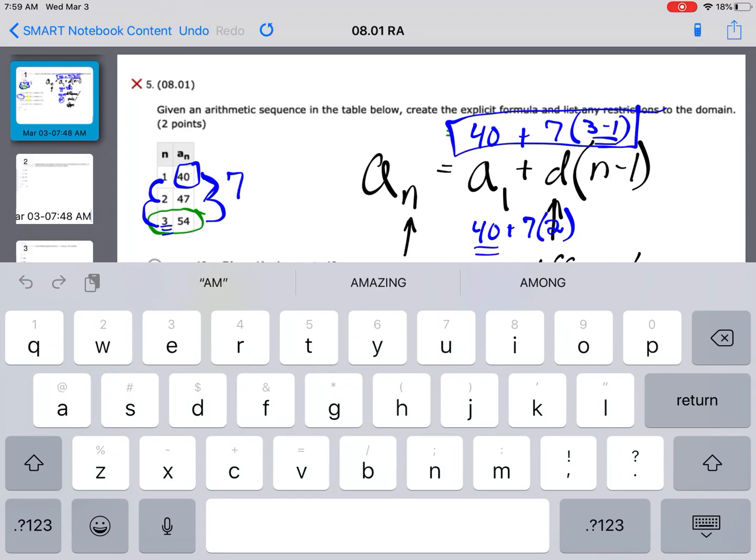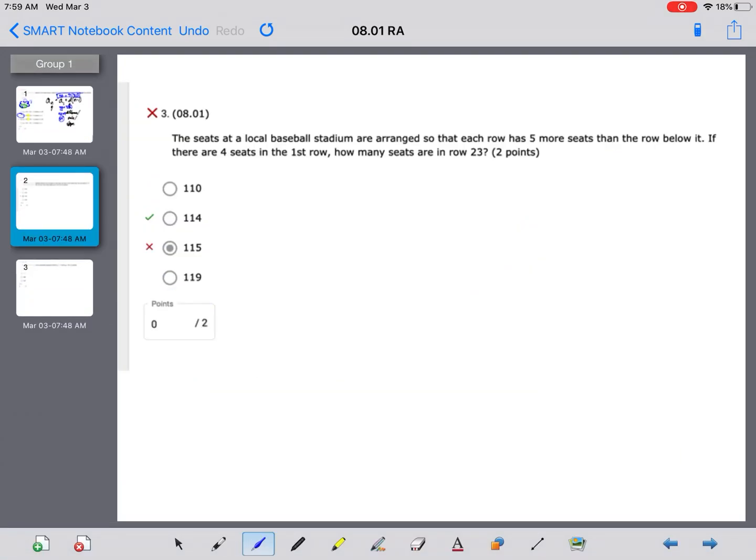Let's use that formula to proceed with the other ones. It's funny that they put the formula question last, and I'm going to use that formula question to do some of these other ones. So the seats at a local baseball stadium are arranged so that each row has 5 more seats than the row below it. So that's our difference or slope or rate, d equals 5.